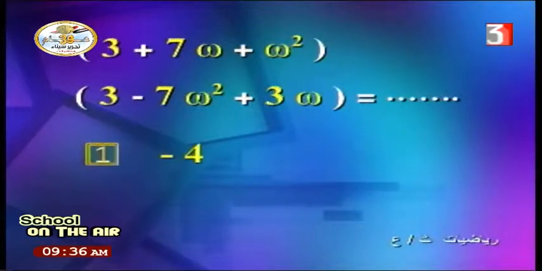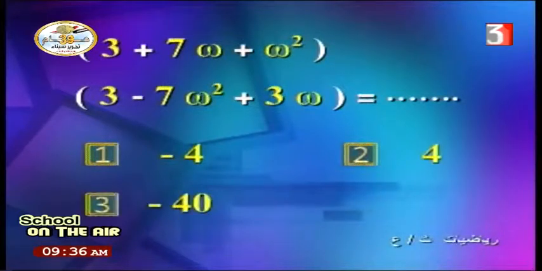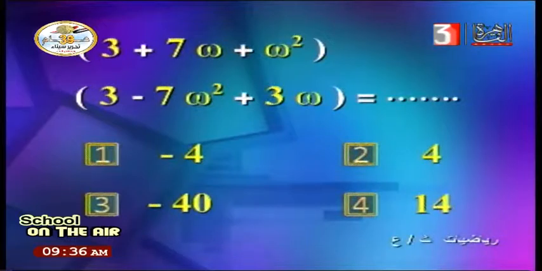Choose the correct answer. Number 1, negative 4. Number 2, 4. Number 3, negative 40. Number 4, 14. My dear student, remember, omega power 3 equals 1. 1 plus omega equals negative omega square. 1 plus omega square equals negative omega.